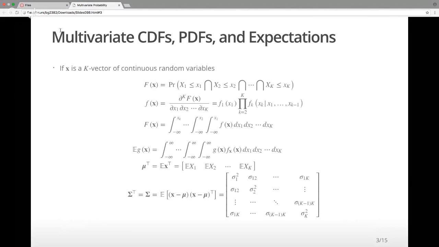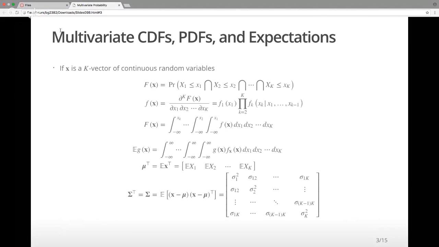That will yield a new function of x. We take that new function of x, differentiate it with respect to x2, we get another new function. We take that function, differentiate it with respect to x3, et cetera, until we get to the end and we're differentiating some function with respect to the kth value in the random vector x.